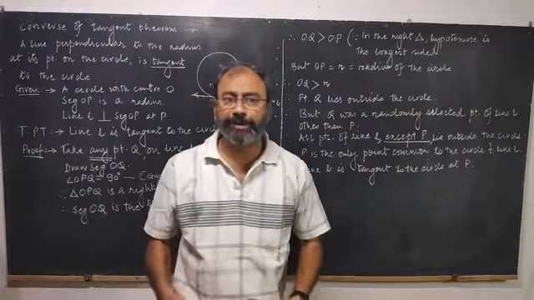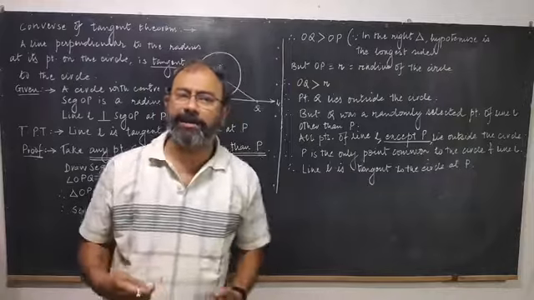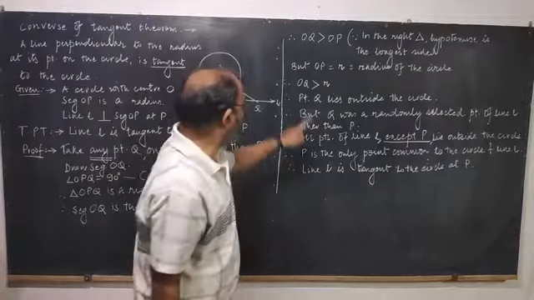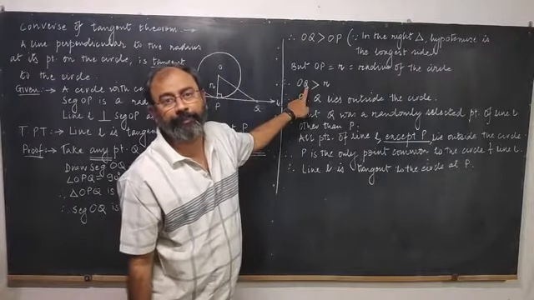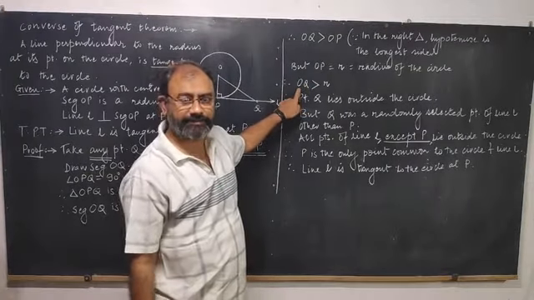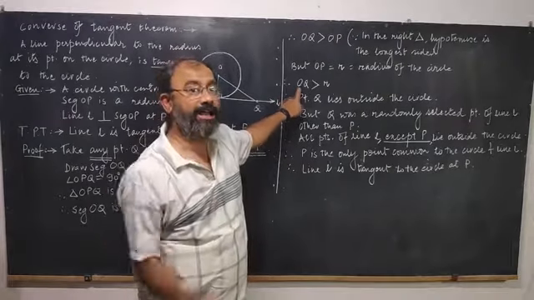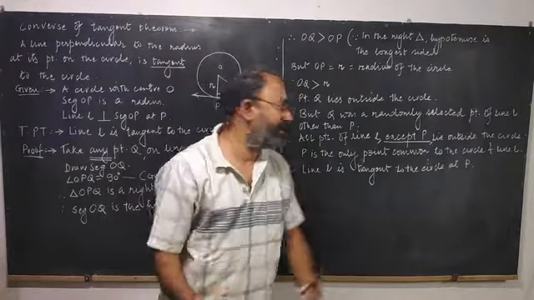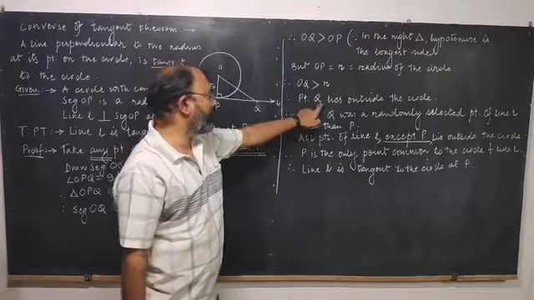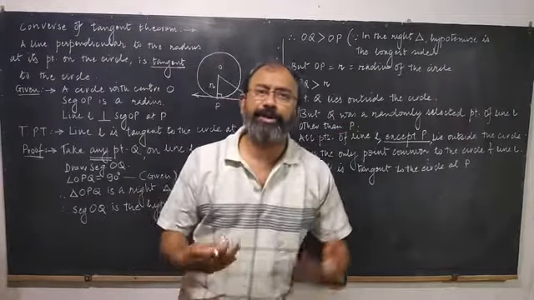Now, how to use this statement? How to interpret this statement according to our requirement? Distance of point Q from the center is greater than radius. Point Q का distance center से radius से ज़्यादा है. That means point Q is outside the circle. So we have written therefore point Q lies outside the circle. But what was the nature of point Q?